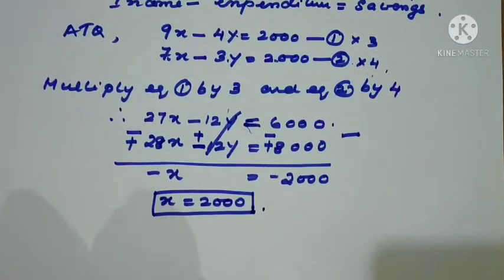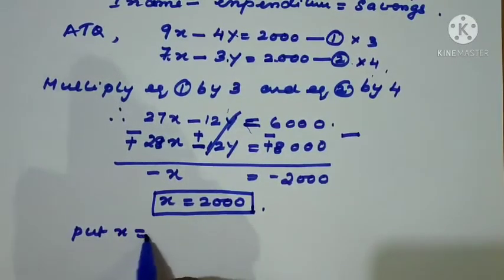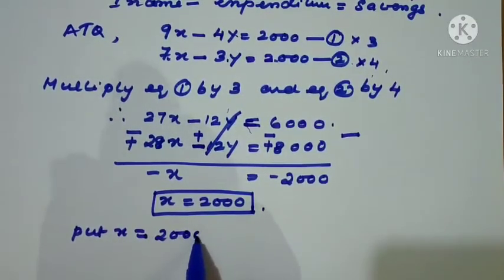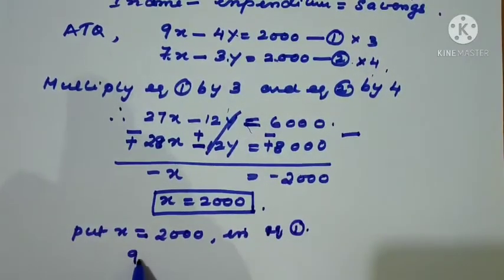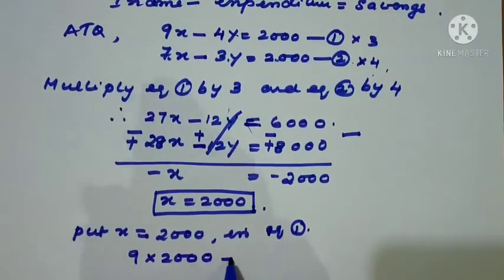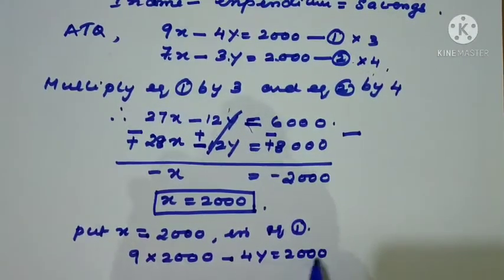Now what is y? Put x equal to 2000 in equation 1. So 9 into 2000 minus 4y equal to 2000.